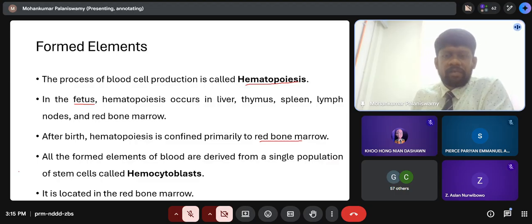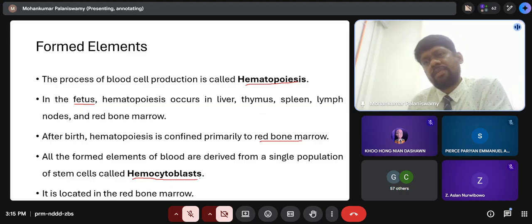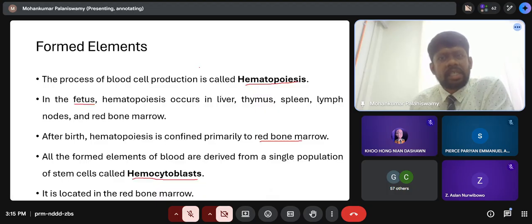All the formed elements of blood are derived from a single population of stem cells called hemocytoblasts. I'm not sure how many of you still remember terms like precursor cell, progenitor cell, all those things. It is like a hierarchy, omnipotent, oligopotent, those things. Anyway, we have a cell called hemocytoblast. This is the parent cell.